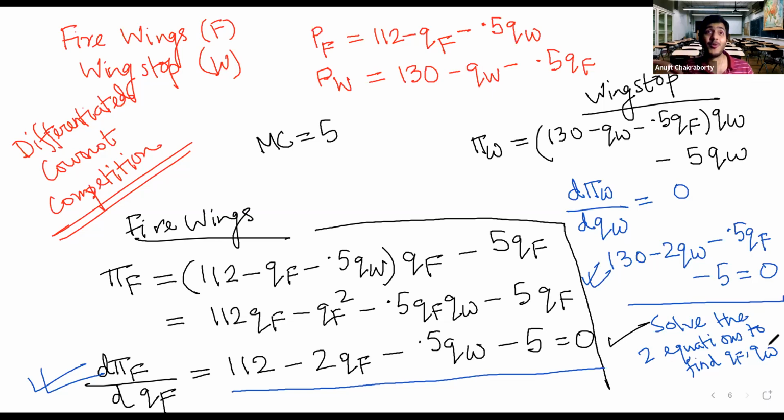That's part of the homework, but you should be able to solve it. One trick that always works while solving linear equations, two unknowns, two equations, is substitution. Find the value of QF from one of the equations, substitute it in the other equation. That's the clue. You do it, you're going to find QF, and then you can use that to find QW.